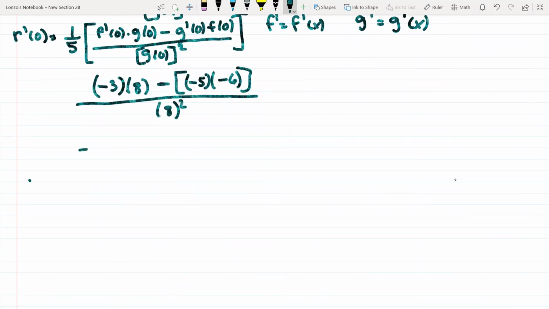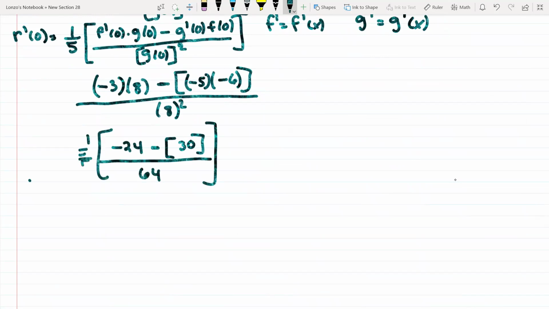Okay, put it all together. Negative 3 times 8 is negative 24, minus, bracket, negative 5 times negative 6 is 30, over 8 squared is 64. And we're still multiplying everything by 1/5.